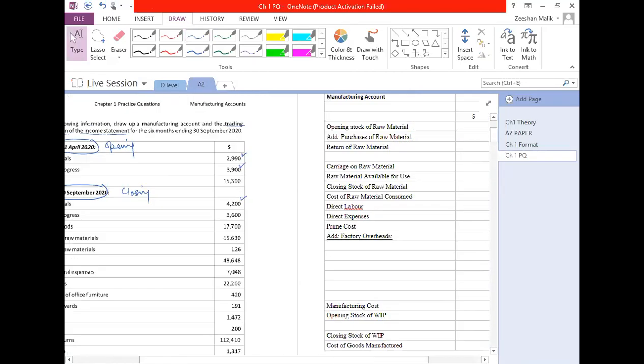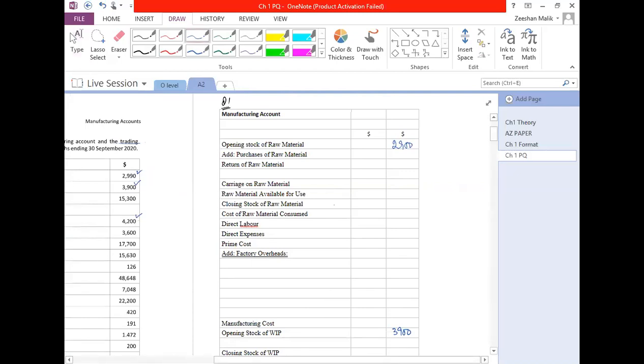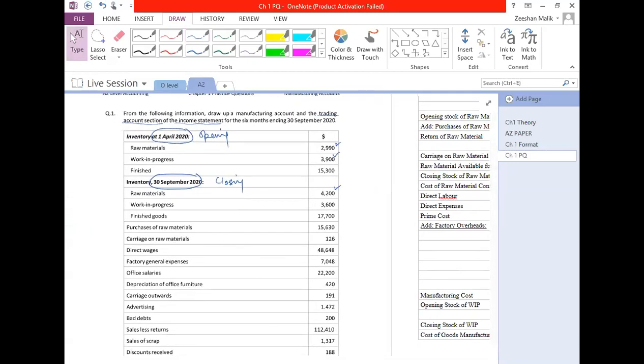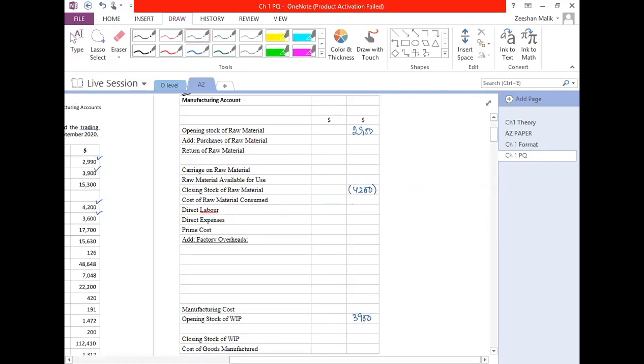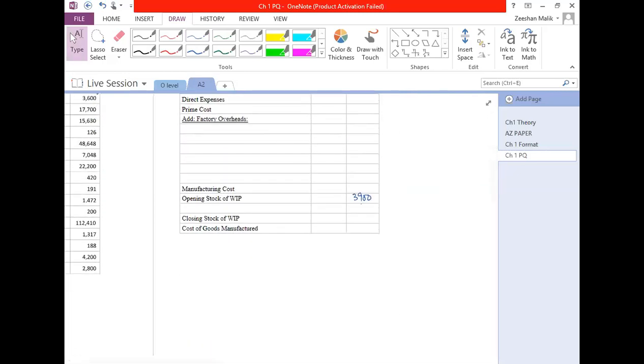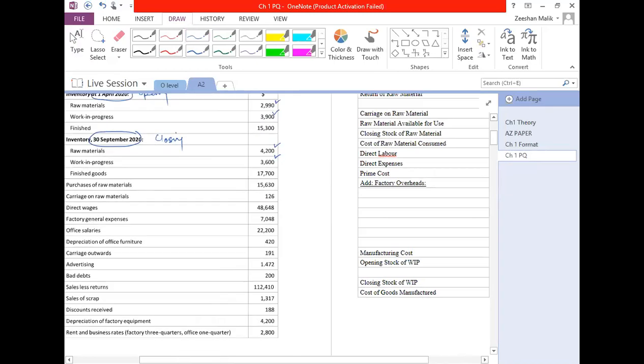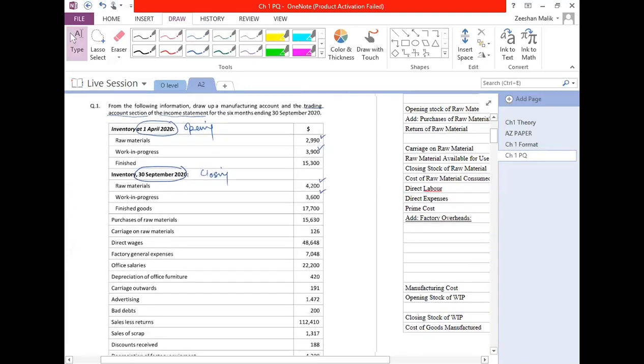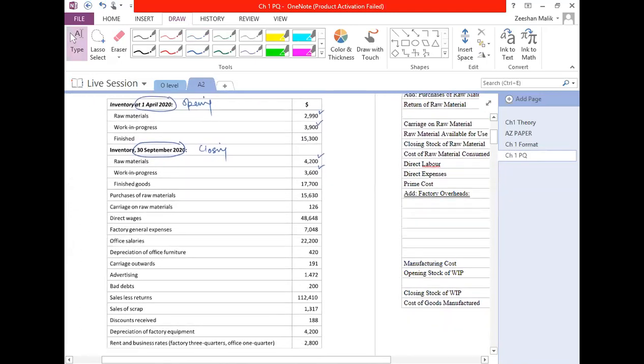Raw material closing 4200, work in progress closing 3600. Right, so we built opening and closing inventories of raw material and work in progress.